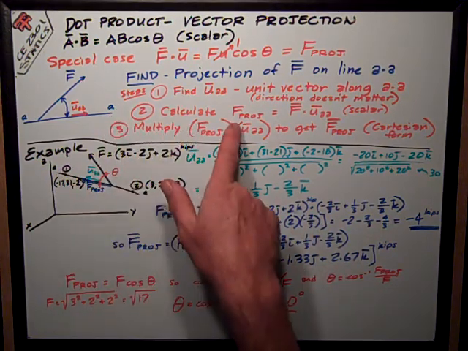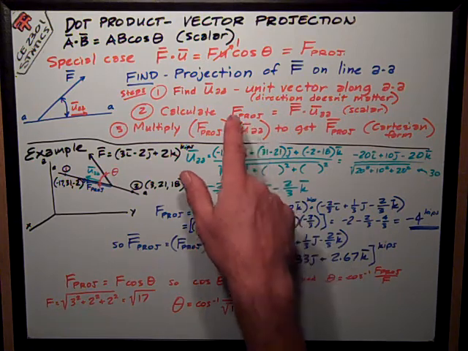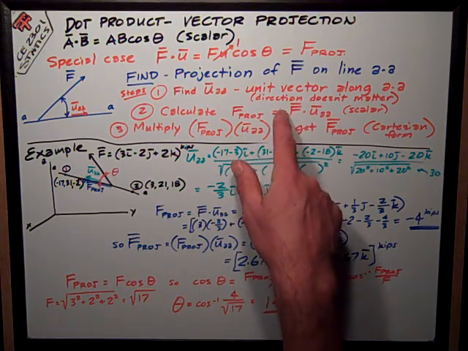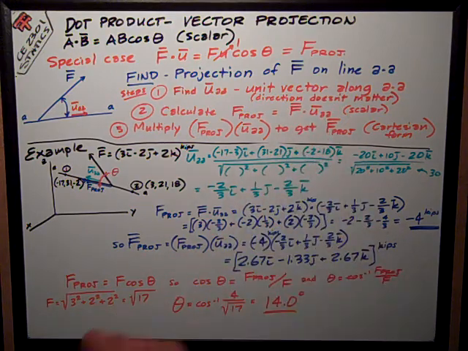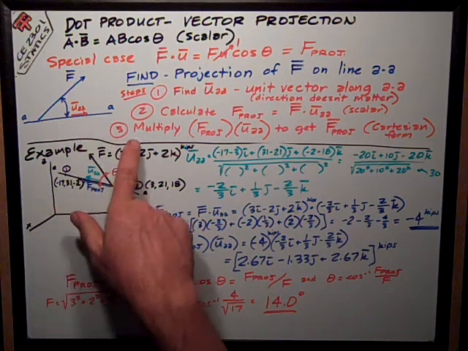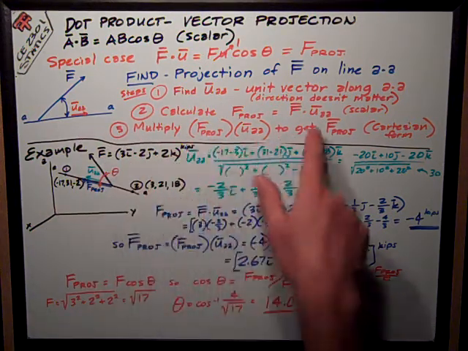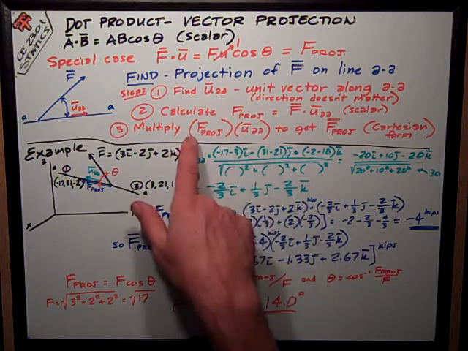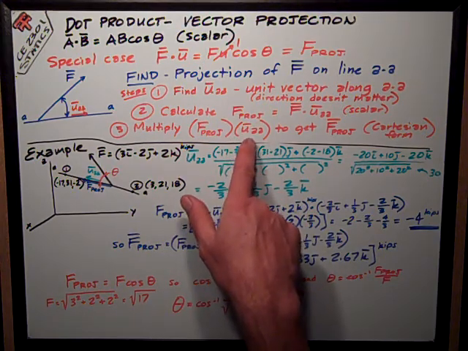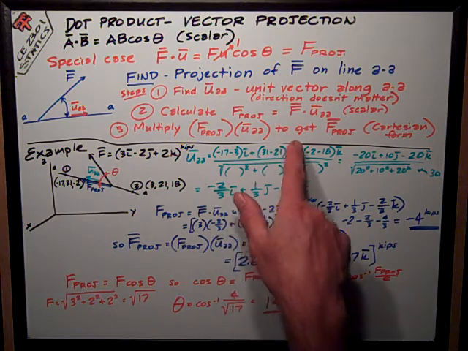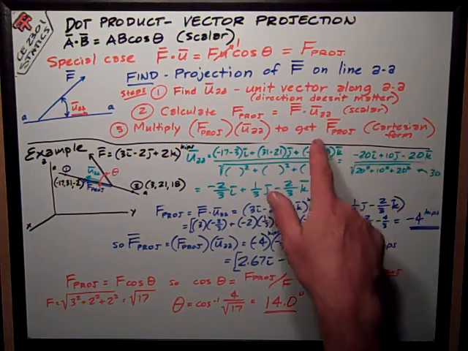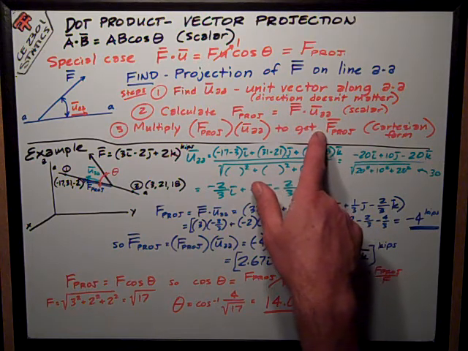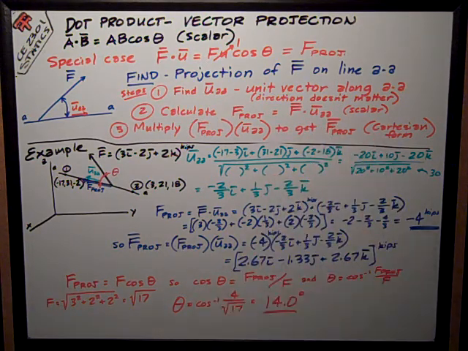Step 2 is to calculate F projection, the scalar value, which is F, the vector, dot the unit vector AA. Remember, that's a scalar number, it's just a quantity. Then lastly, I want to multiply the scalar value that I get, F projection, times my unit vector, U AA, to get this in a vector form, in a Cartesian form of a vector, which we call F projected vector.